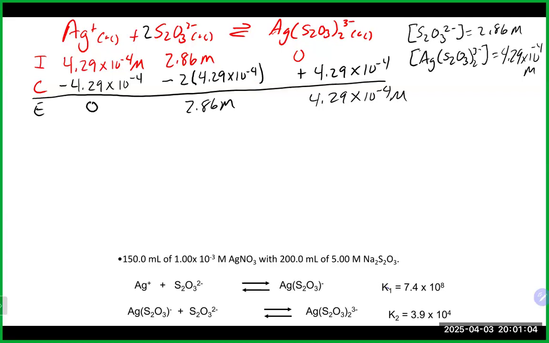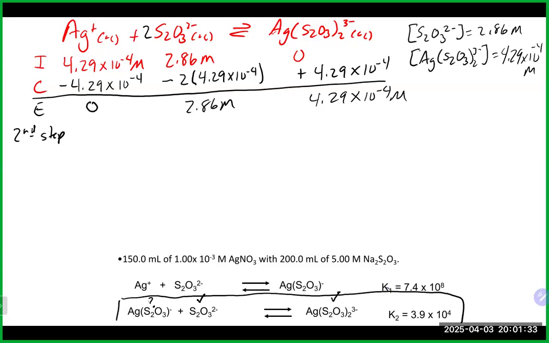If you look at the second stepwise equation, I have this guy's concentration from the table above. I also have this guy's concentration from the table we just did. So we could, if you wanted to, just use the K2 reaction and solve for this guy's concentration, which is one of the things we're looking for. So that's what I'm going to do here. I'm going to use the second step here.